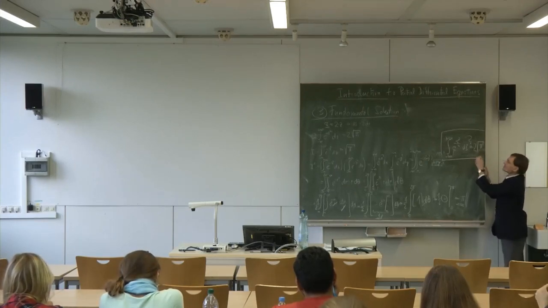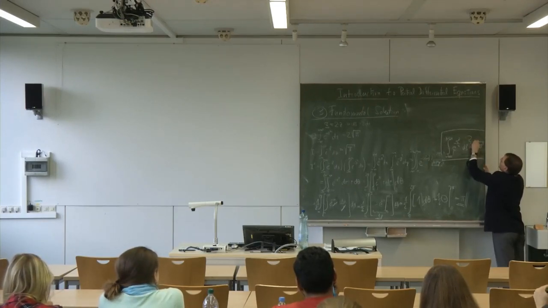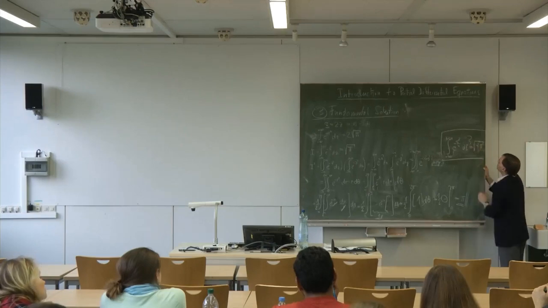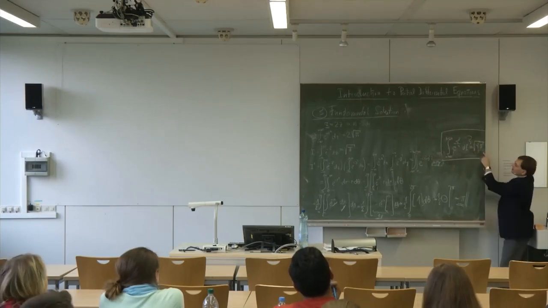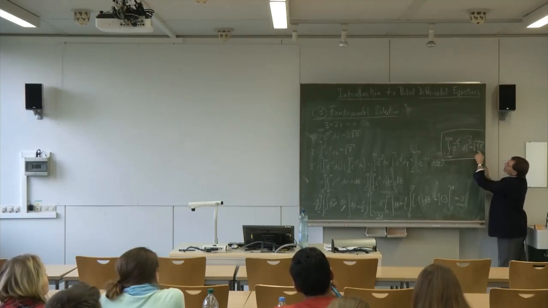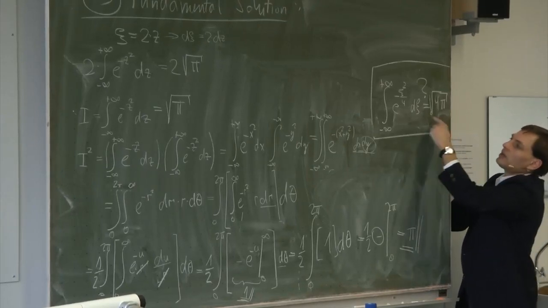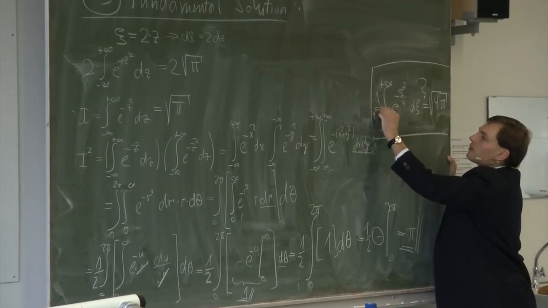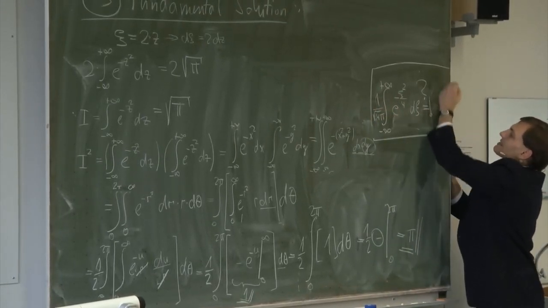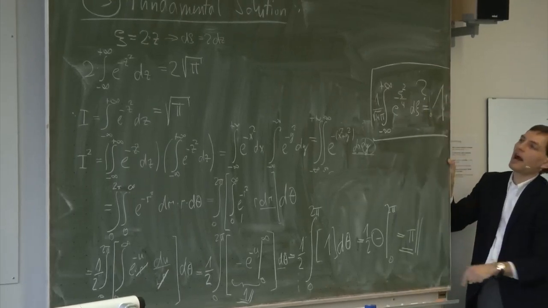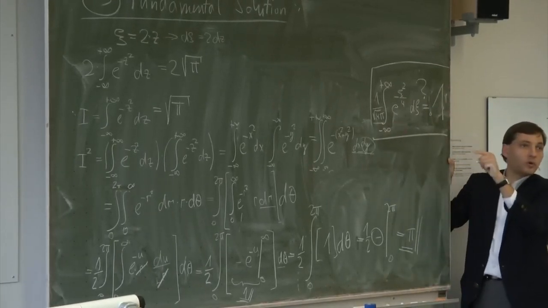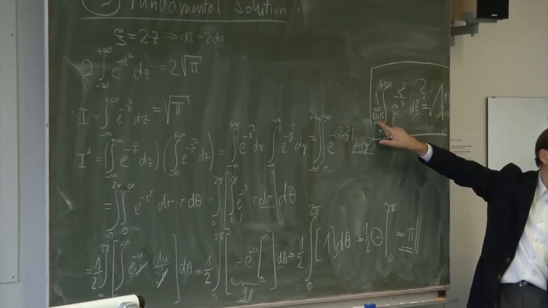If we move the 2 inside the integral, I guessed it must be a 4 probably. I wrote it wrong. So this integral is square root of 4 pi, but if we now divide by the square root of 4 pi on both sides, then this will lead to 1. So therefore we have to correct our fundamental solution.